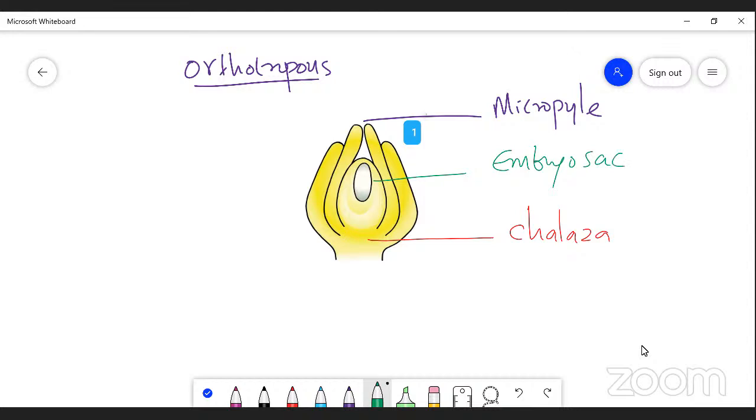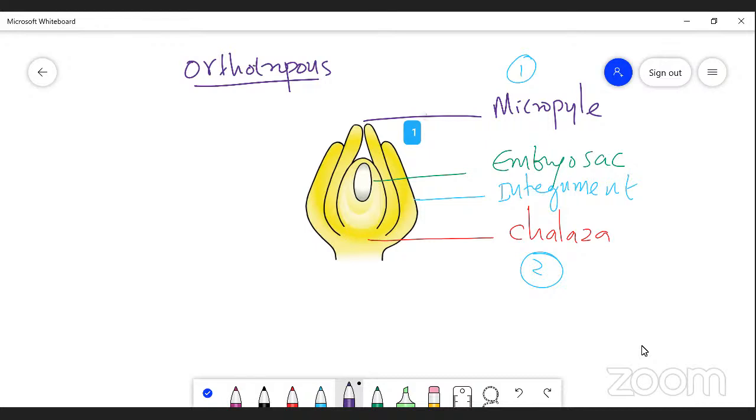Both this embryo sac and the chalazal region are protected by the protective structure called integuments. So in case of orthotropous, both the microphyll region and the chalazal region lie in a straight line, just opposite to each other, right? This type of ovule is known as the orthotropous ovule.